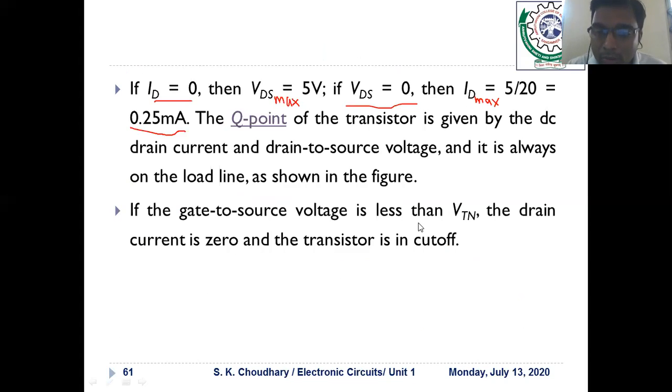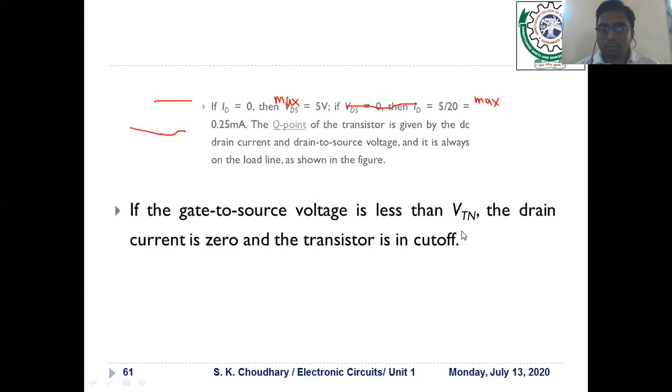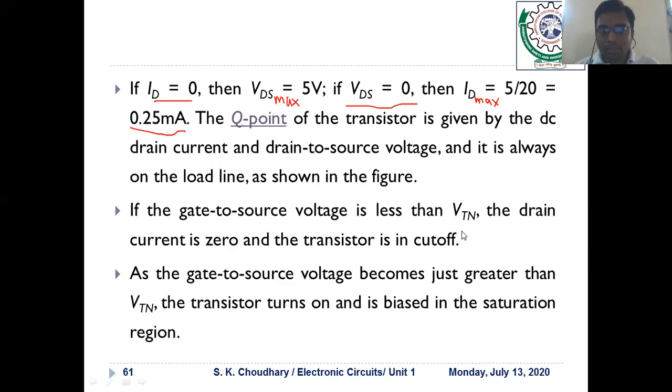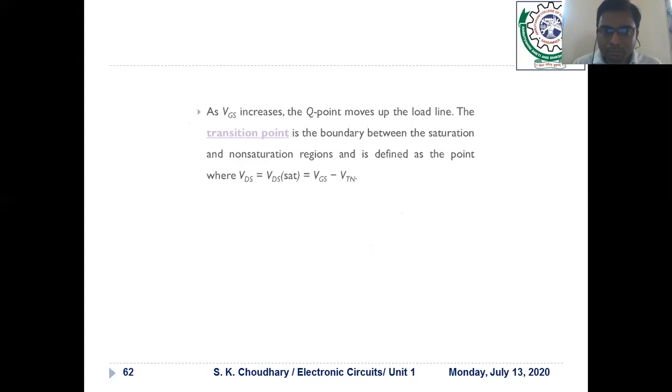If the gate to source voltage is less than threshold, the drain current is 0 and the transistor is in cutoff. But as the gate to source voltage becomes greater than the threshold, the transistor turns on and is biased in the saturation region. And this is easily visible.